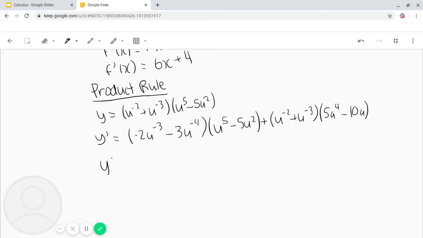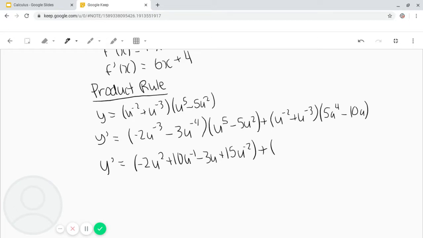So then we can expand. So this will be equal to negative 2u squared plus 10u to the negative 1 minus 3u plus 15u to the negative 2, and that's just simple expansion, so foiling if you want to call it that.